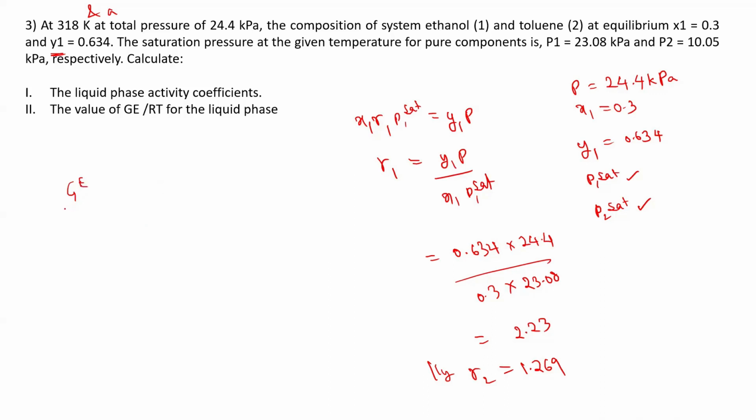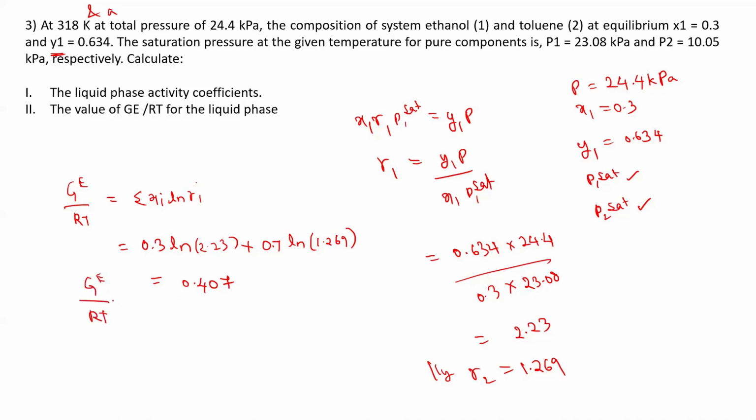So, G by RT equals sigma xi ln gamma i, which is 0.3 ln 2.23 plus 0.7 ln 1.269. So this gives us 0.407.